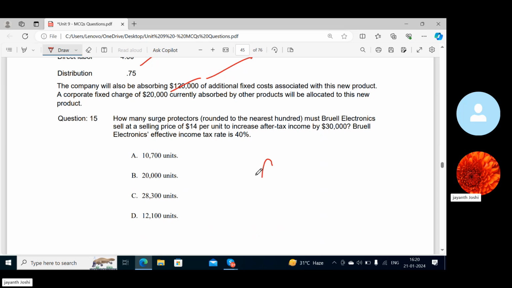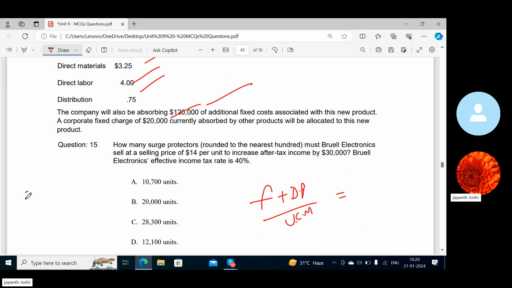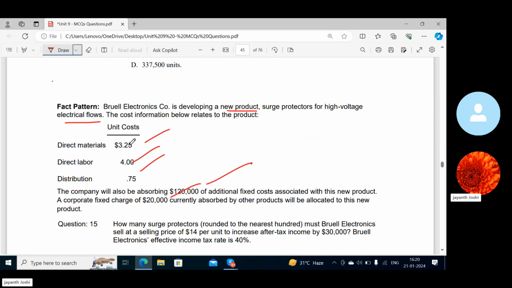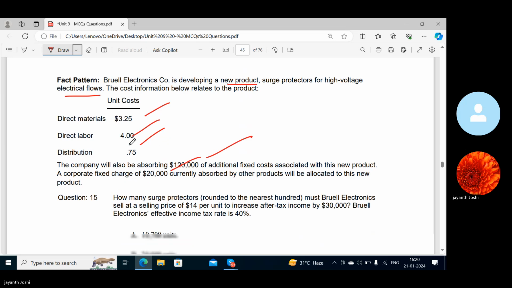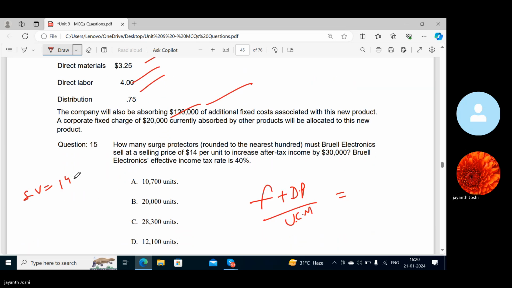Fixed cost plus desired profit divided by unit contribution margin. So what is the contribution margin? Sales minus variable cost. Selling price is $14 minus 8, $6.